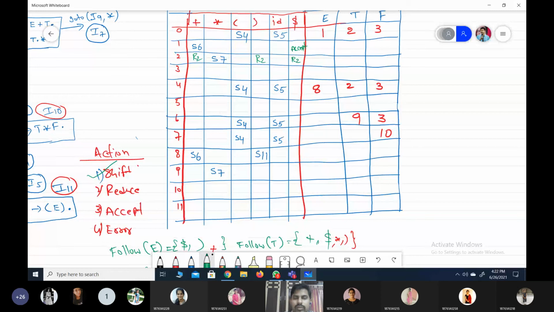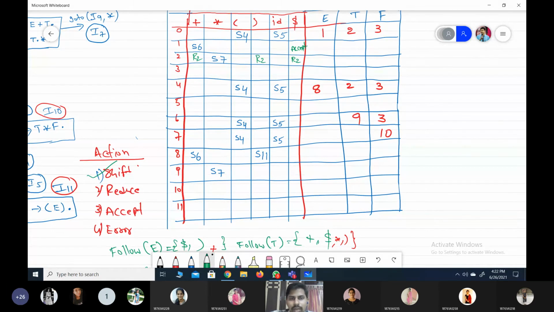Is it okay? I'm repeating once again. First, we identify whether there is any production where the dot is ended towards the extreme right side or not. If it is ended in the extreme right side direction, then identify that production number from the augmented grammar. We replace, that is, reduce by that production number, or simply use the shortcut notation R1, R2, R3 like that. We identified the second production, R2.